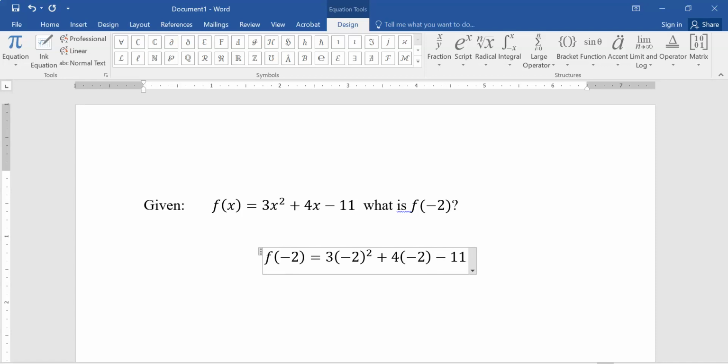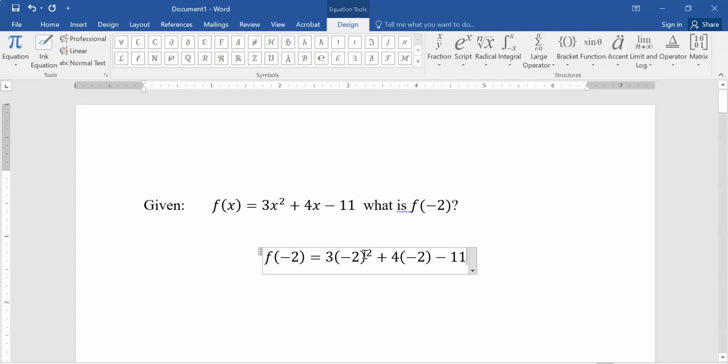Notice that when I inputted each negative 2, I input it in parentheses. That's what we always do when we input numbers for variables. And this is really important that I type this in inside of parentheses because, as we've seen before, back in lesson 3.2, negative 2 inside of parentheses squared is different than if I don't put parentheses around there.